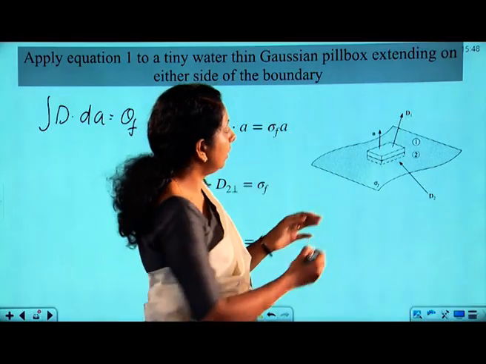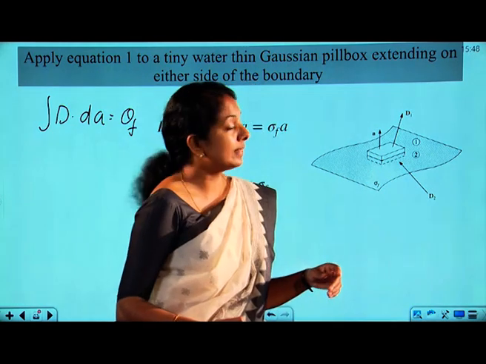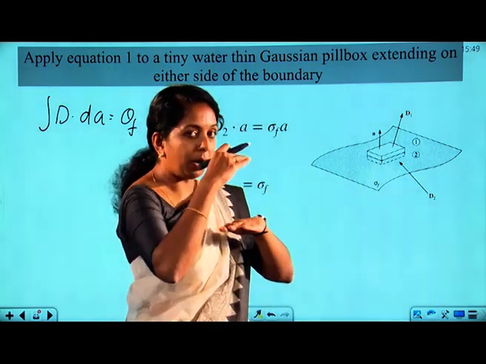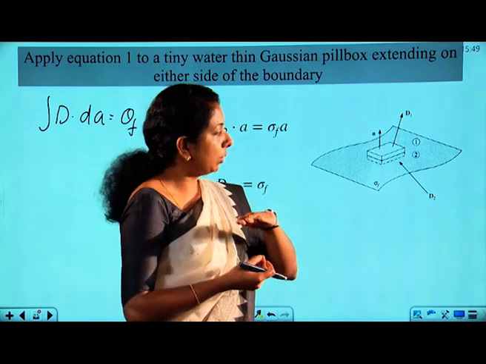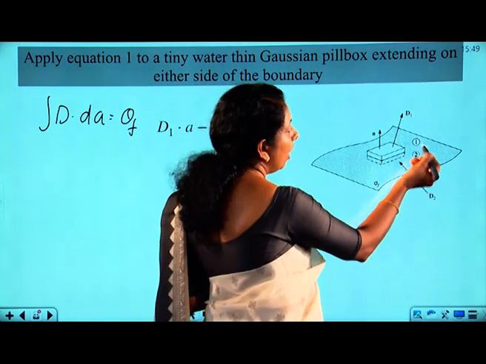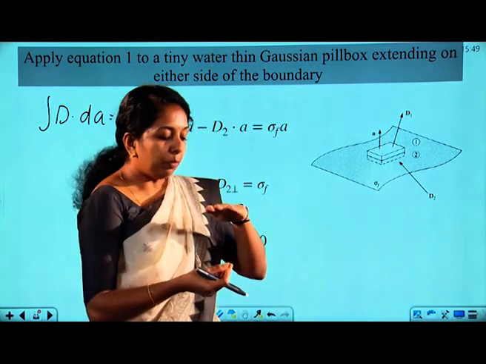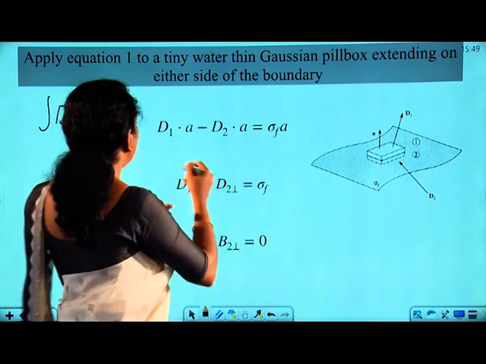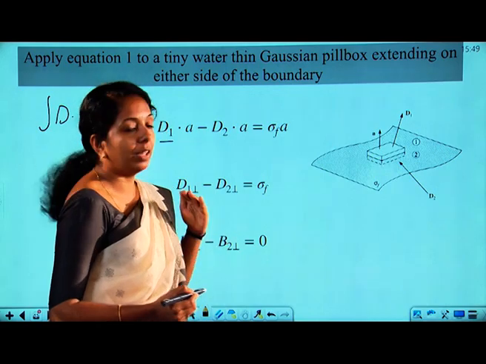Here we can see that a plane sheet is there, and the plane sheet is having a surface charge density sigma, and we have two media, one above the plane sheet and the other below the surface. So, here 2 is below the plane sheet and 1 is above the surface. Then when we move from the second medium to the first medium, what happens to the quantities D1 and D2, whether they are continuous or discontinuous, that we are checking.